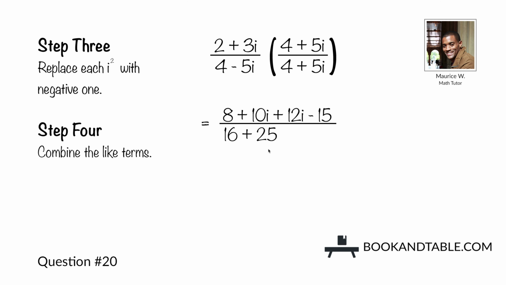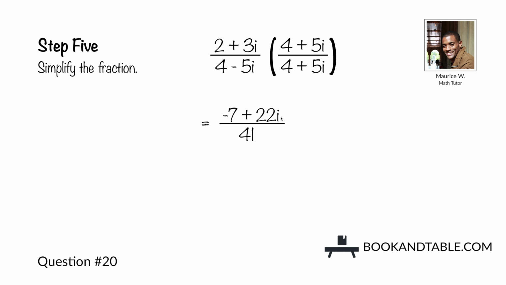So now we'll want to combine the like terms. In the numerator, we'll get 8 minus 15, which is negative 7. And 10i plus 12i would be 22i. Over 16 plus 25, which would be 41. So we get negative 7 plus 22i over 41.